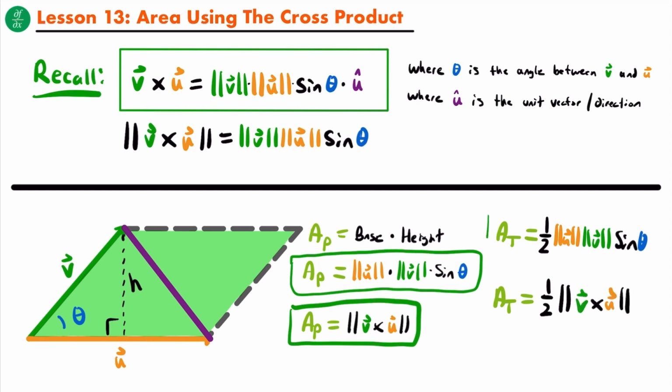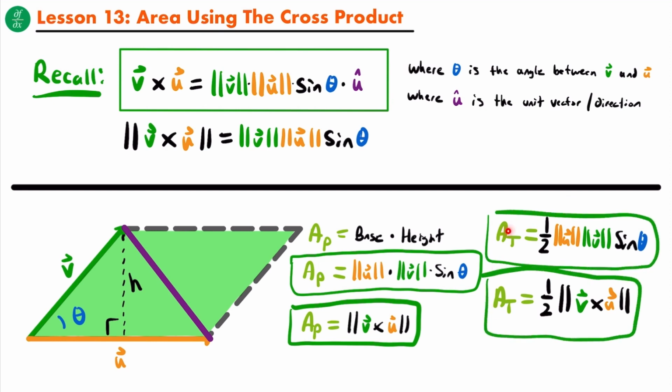All right, both of these formulas would allow you to calculate the area of a triangle where vector v and vector u are two adjacent sides that both start at the same initial point. Okay, we just took these two formulas for the area of the entire parallelogram and multiplied them by 1/2 to take half of that area, which will be the area of a triangle.